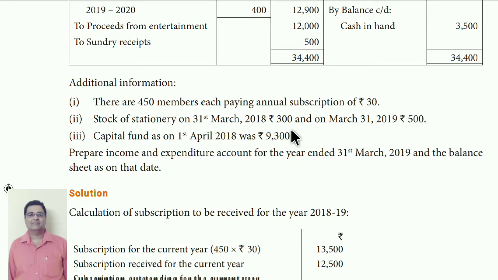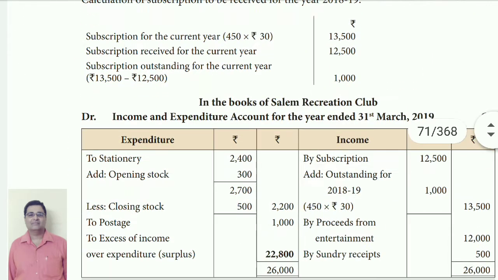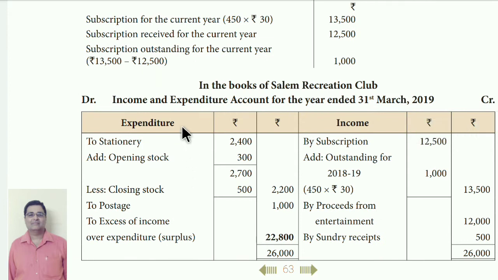Now this 300 rupees opening plus purchase this 2400 minus 500. See here, in the expenditure side, to stationery 2400, opening stock 300. So opening plus purchase minus closing stock 500, 2200 outer column.